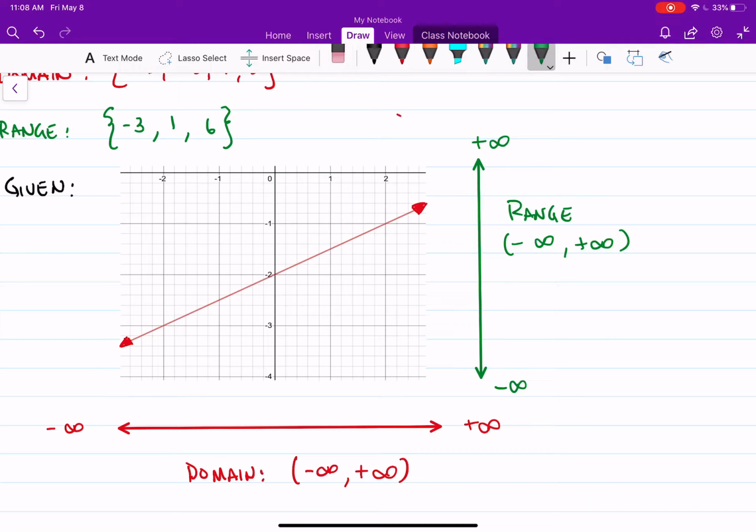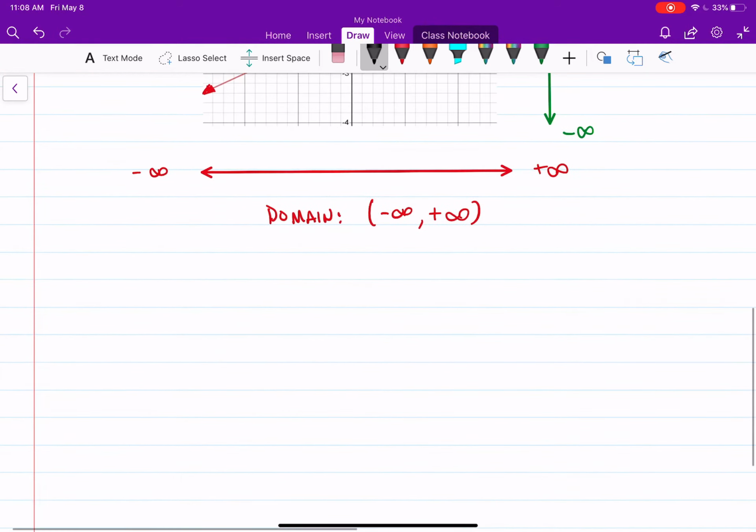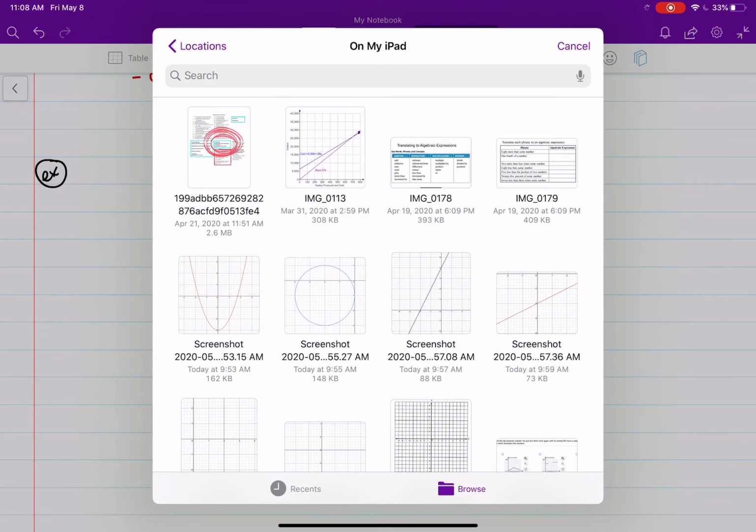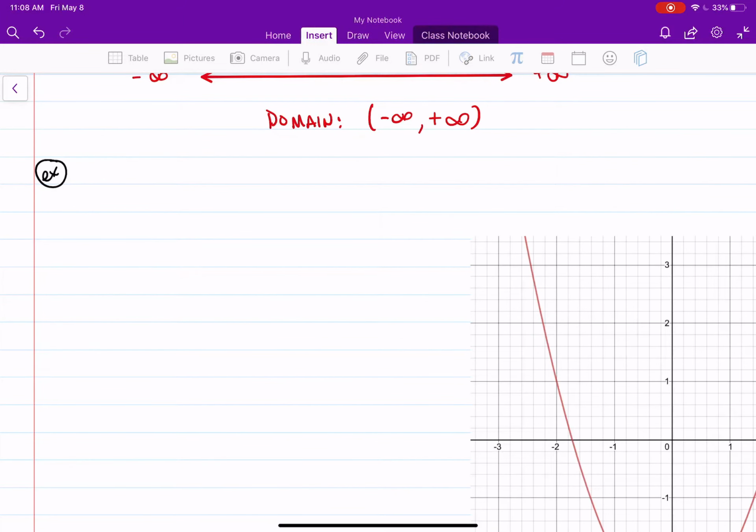So now the next question is, well, next example. Let's do another example. This was an example. Let's do another one, because obviously not all the ranges and domains are going to be negative infinity to positive infinity. Let's take another example and let's use this graph here, and let's do what we call a parabola.